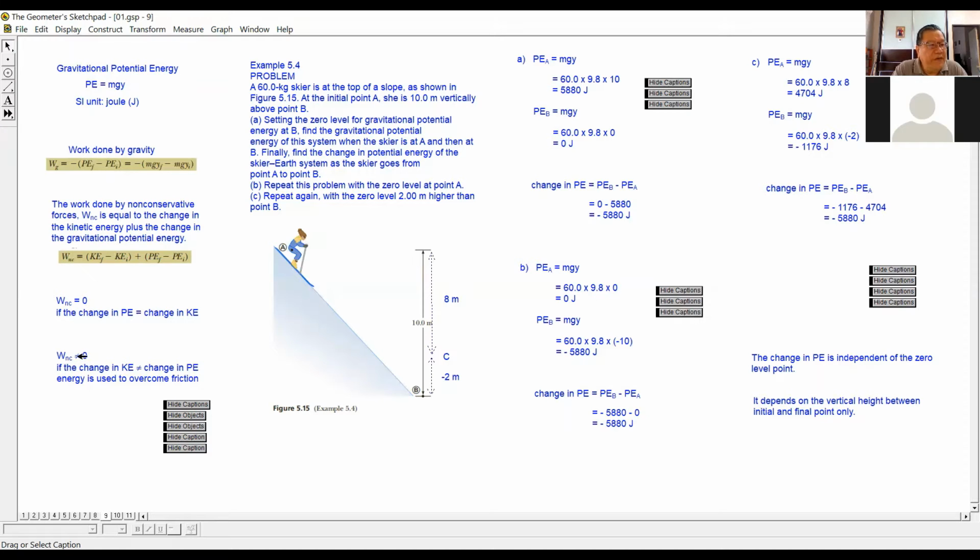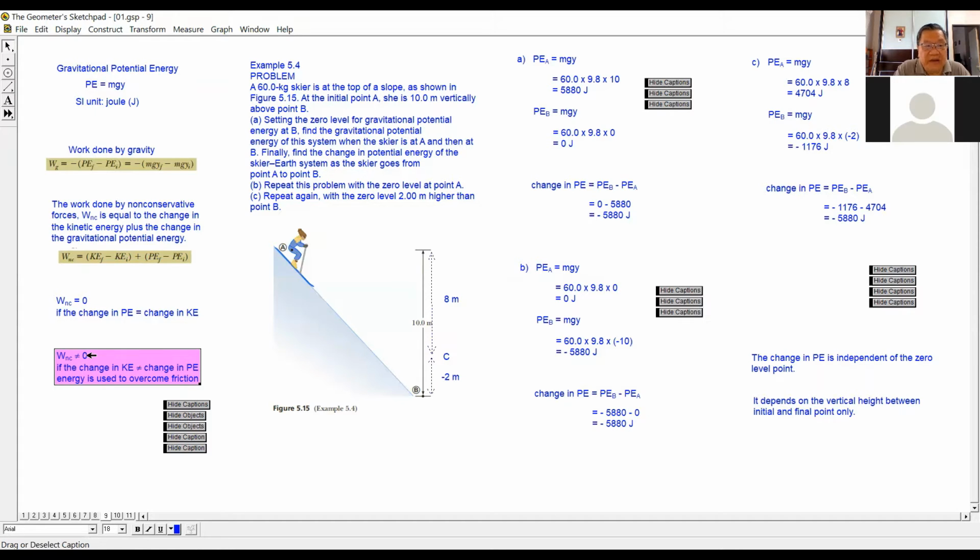Now, if the non-conservative work done is not zero, that means if there is frictional force, then you cannot equate the change in kinetic energy with the change in potential energy.